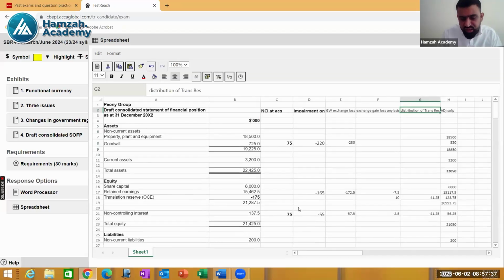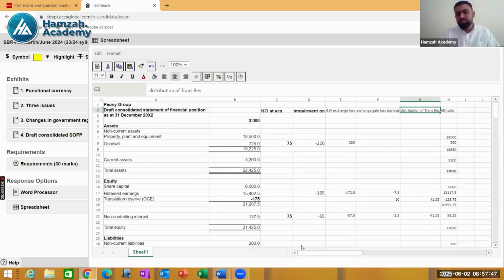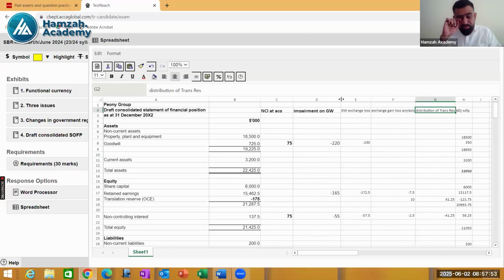Goodwill is credited by 220, and 75% is debited in the retained earnings, which is 165, and 25% debited in NCI, which is 55. So that is the second issue regarding the impairment on goodwill.